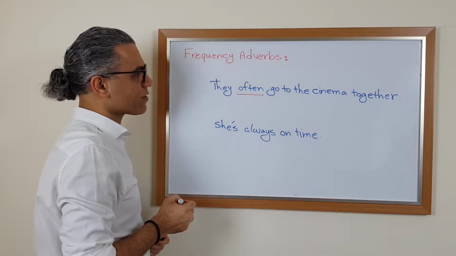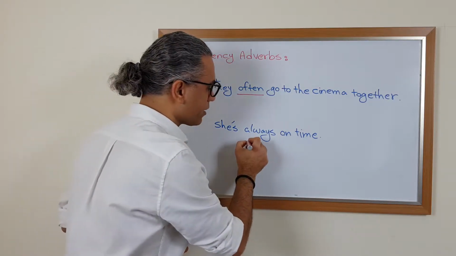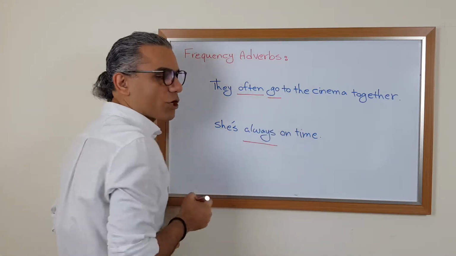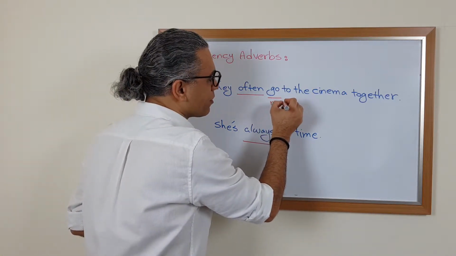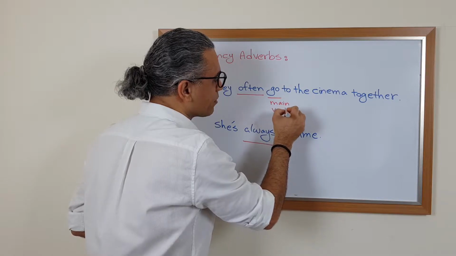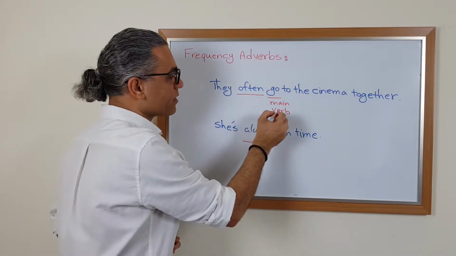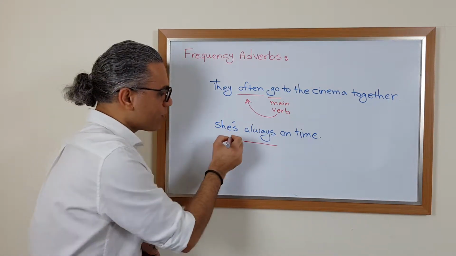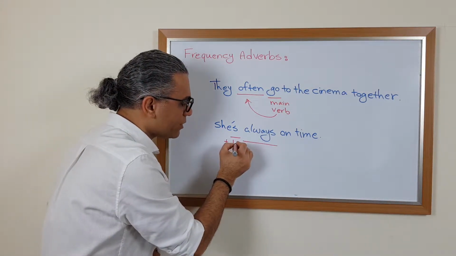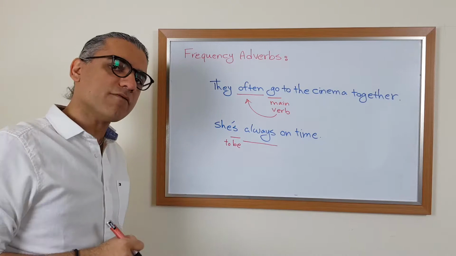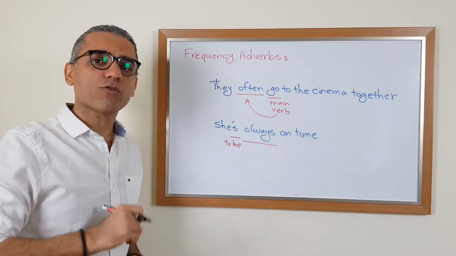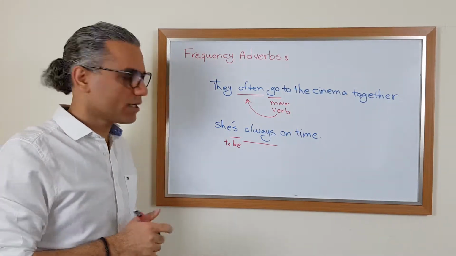Often is your frequency adverb in the first one, and always in the second one. In here, go is your main verb, and we use frequency adverb before the main verb. But in this sentence, your main verb is a to-be verb. When your main verb is a to-be verb, we generally use frequency adverbs after the to-be verb.